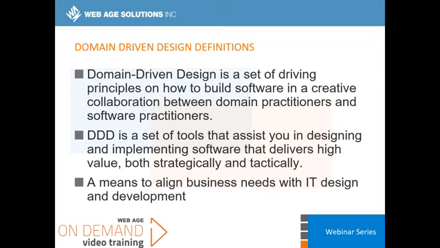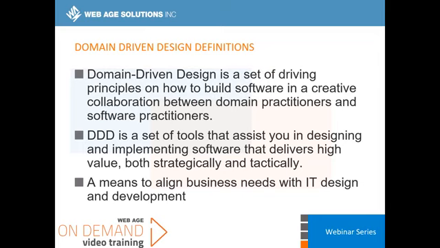One of them is that it's a set of principles that we employ on building software, and it's a set of principles that intentionally integrate our domain experts, subject matter experts, business experts, etc., and the software practitioners, so that we can ensure that we align those business needs with IT design and development, and we deliver, as software developers, what it is that the business needs to solve their business problems.